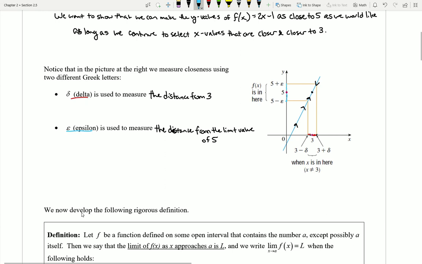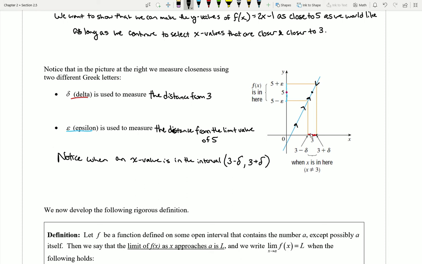All right, so with all of this put together, we can notice the following. Notice when an x value is in the interval of 3 minus delta to 3 plus delta.